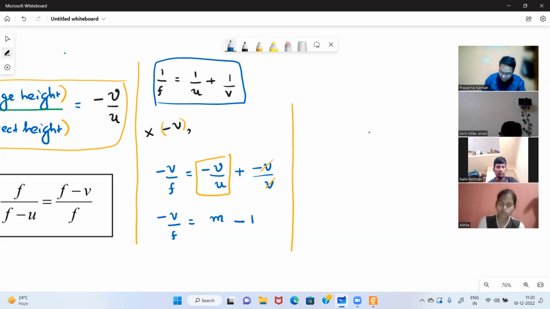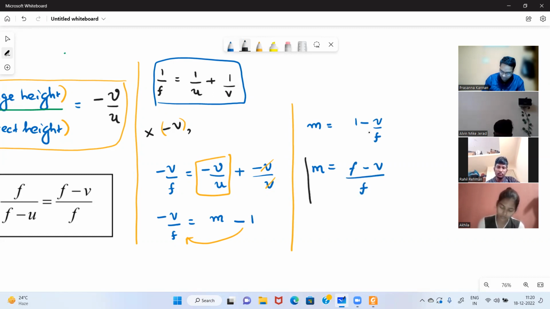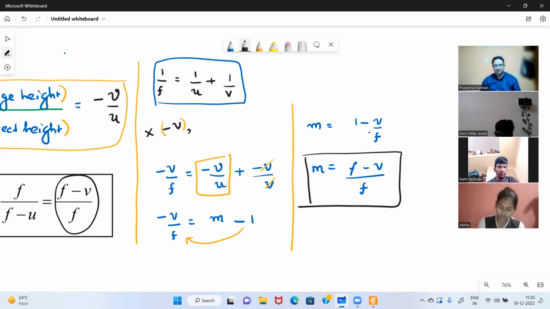So what will you get? M is equal to, if you take this minus 1 this side, it will become 1 minus v by f. So if you take LCM, f minus v divided by f is magnification. One more formula. Can you see this? I note it down.